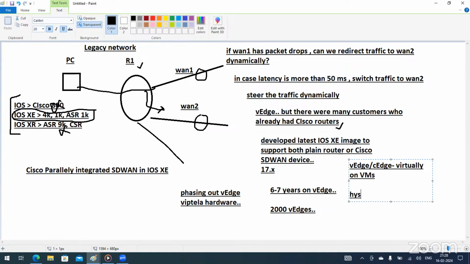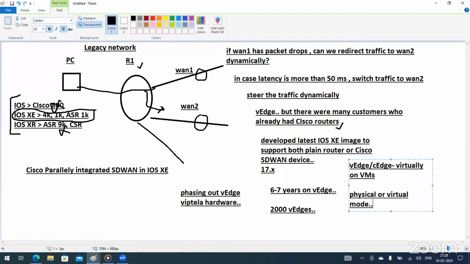They are available in physical mode or virtual mode. So if we don't have physical hardware, we need not worry. If we simply have virtual machines, we can upload the code of VH, Viptela hardware, or CH, Cisco image, Cisco iOS or Viptela iOS, on a virtual machine, and that virtual machine would then act as VH or CH.